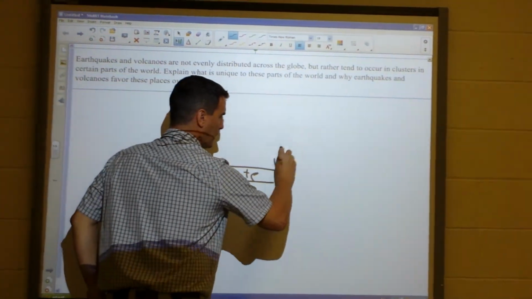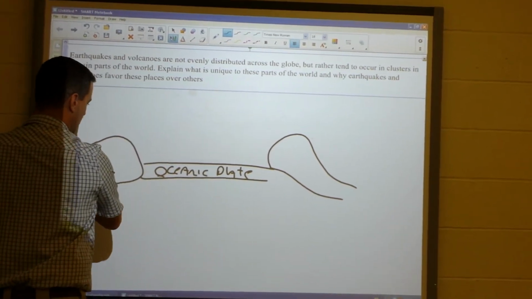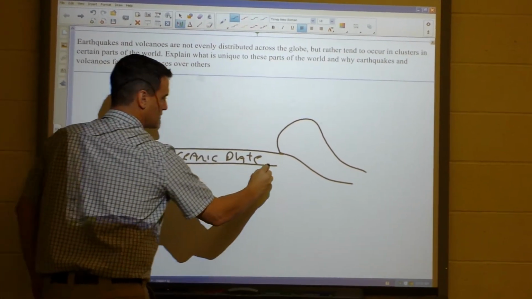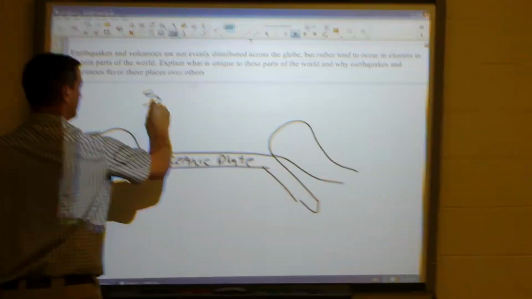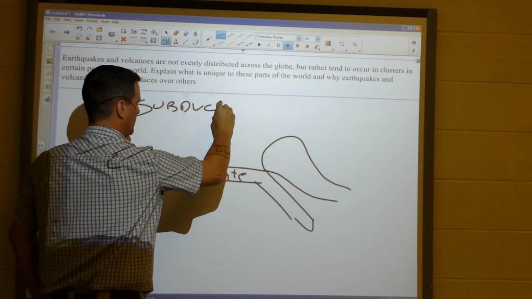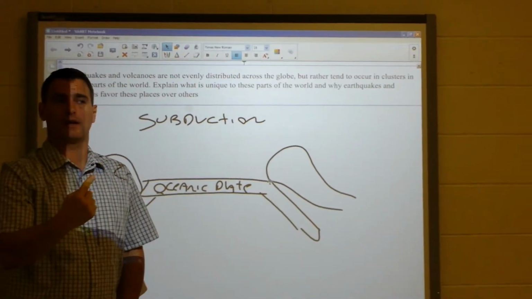So when oceanic plates interact with continental plates, we get subduction on either side. We get subduction on the entire Ring of Fire.